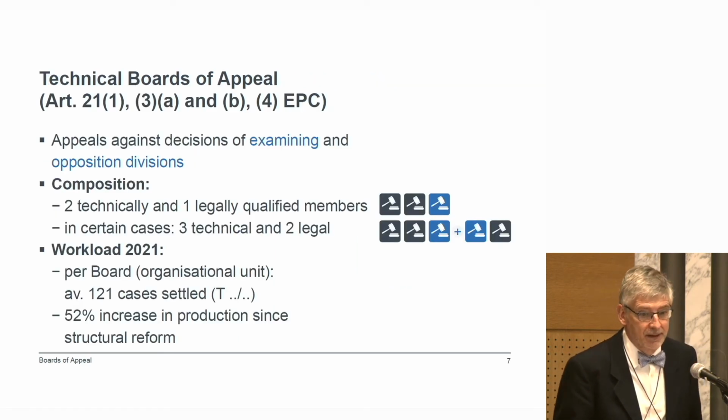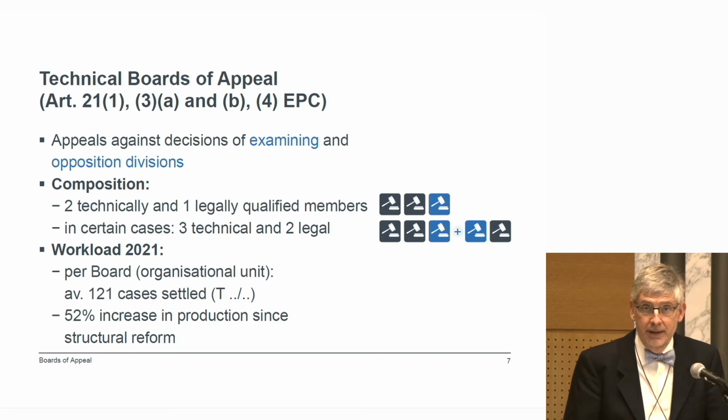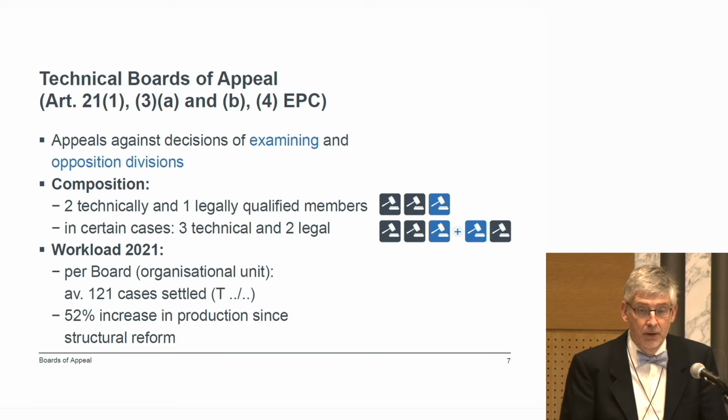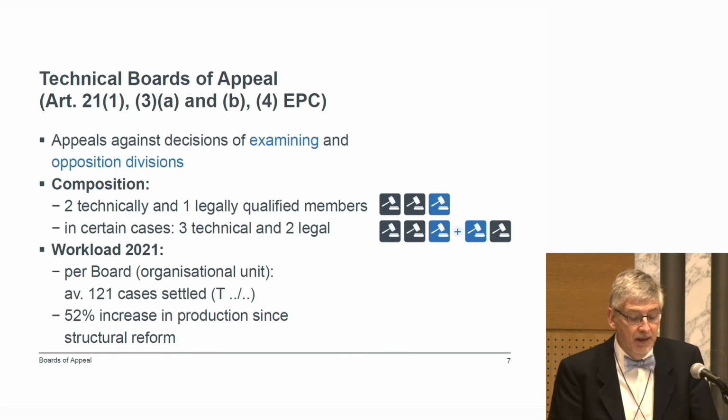The technical boards of appeal consist of either 3 technical members plus a legally qualified member, or in an extended composition of 3 technical members and 2 legally qualified members.